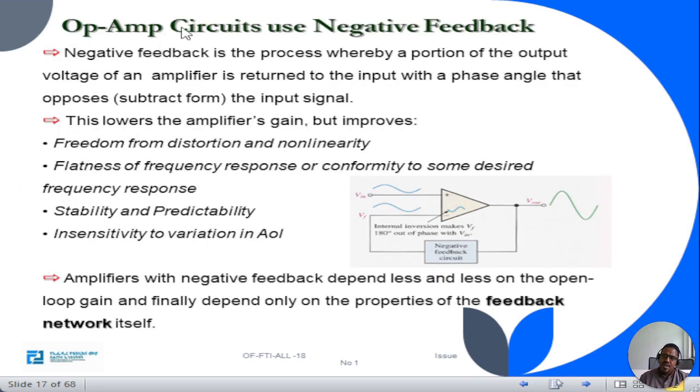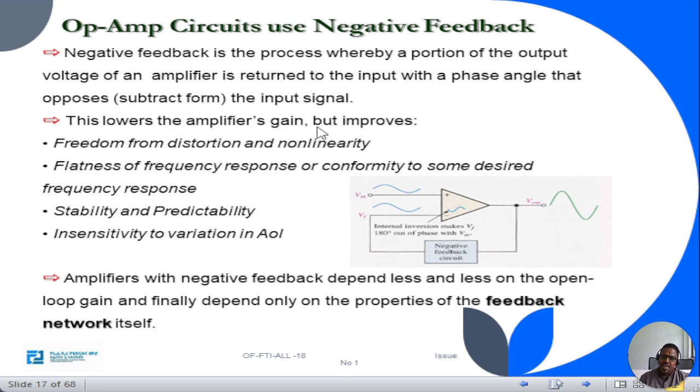So let's see the advantages of negative feedback. Negative feedback is the process whereby a portion of the output voltage of an amplifier is returned to the input with a phase angle that opposes or subtracts from the input signal, from the output back to the negative input of the op-amp. We call this negative feedback.